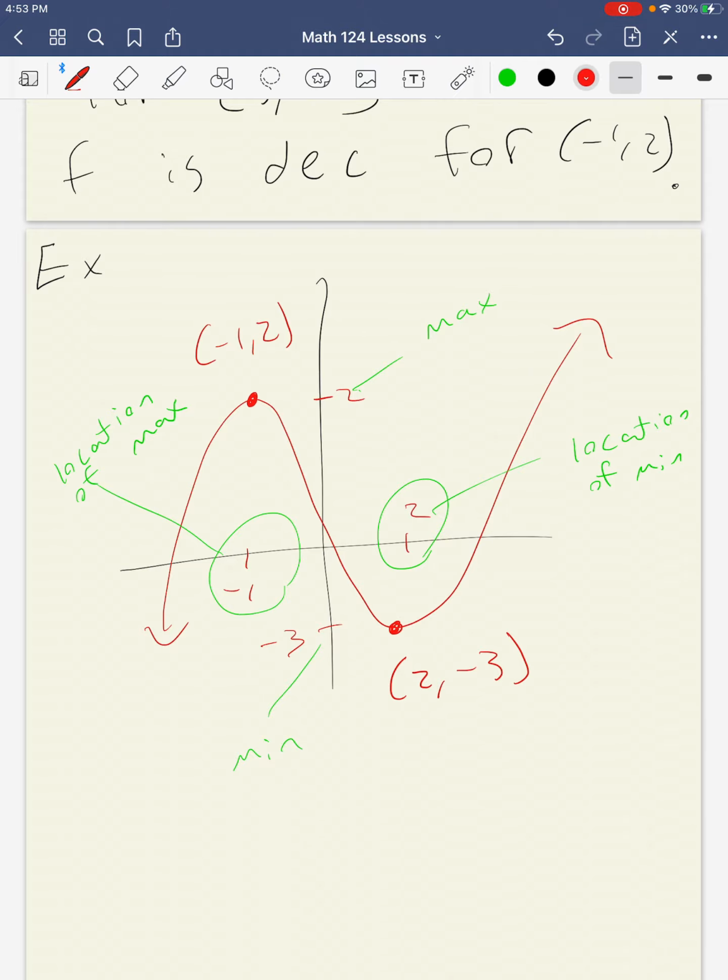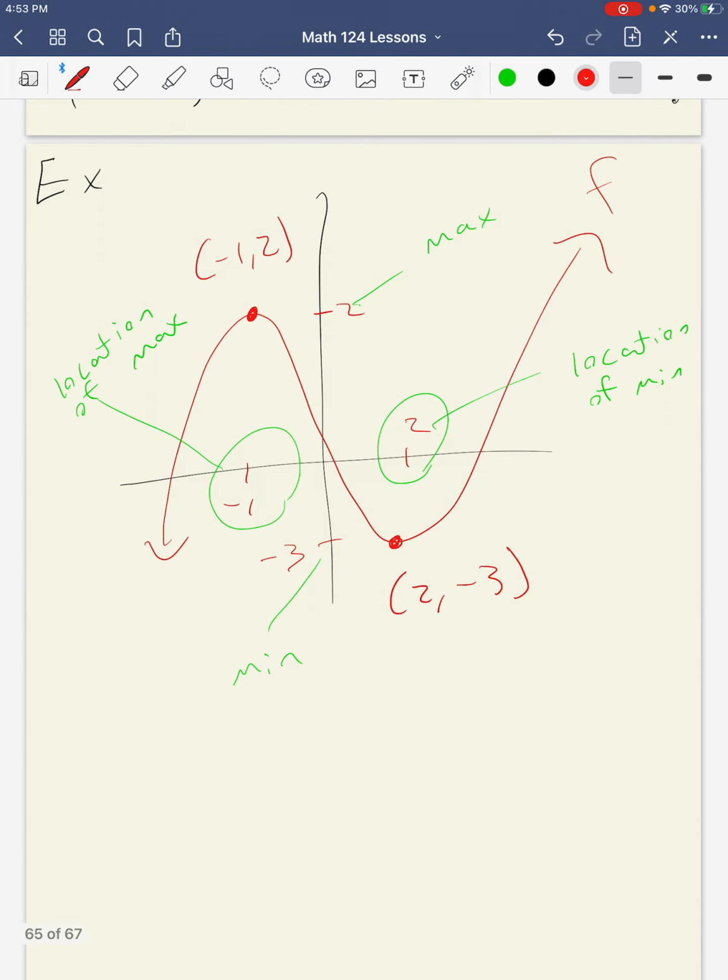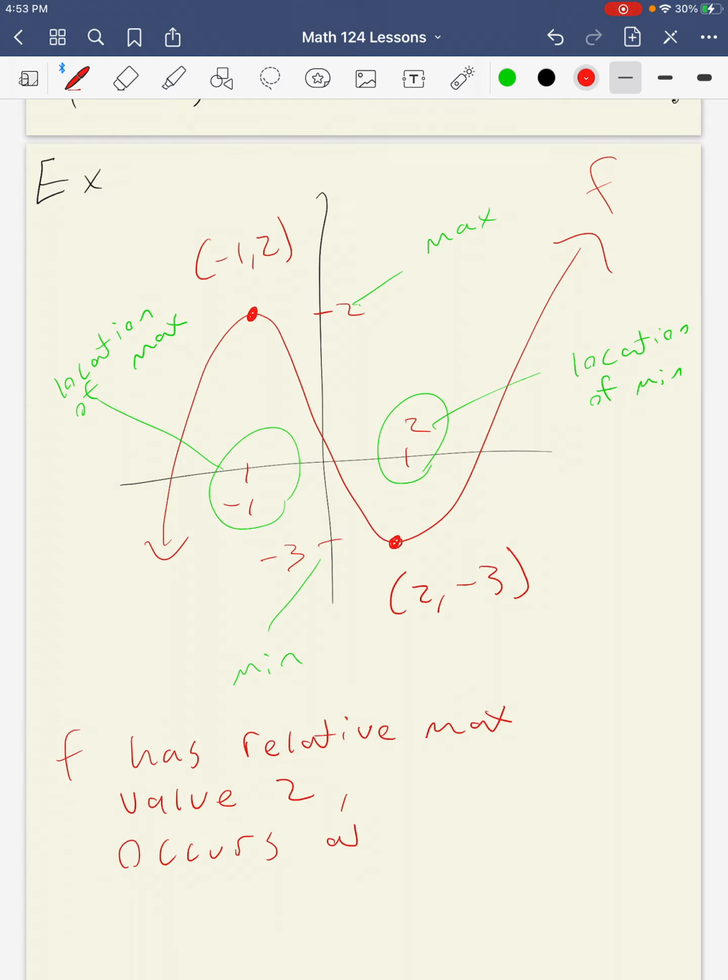Right, so the language we use is, if this was the function f, we say f has a maximum, or I'll use the language relative maximum. I'll explain what I mean by that shortly. So a relative max value 2, and it occurs at x equals -1.